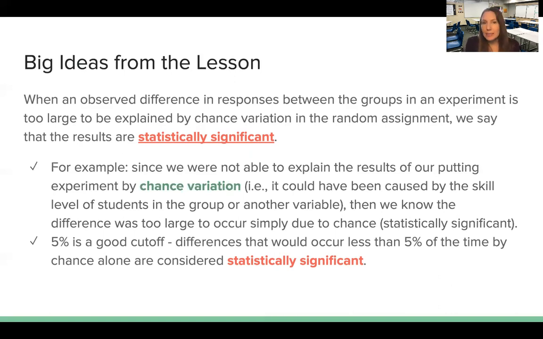Now that won't always happen, but for results to be statistically significant, a good cutoff is about 5%. So if you have 5% or less results that are greater than your value, then you can say that your results are statistically significant.